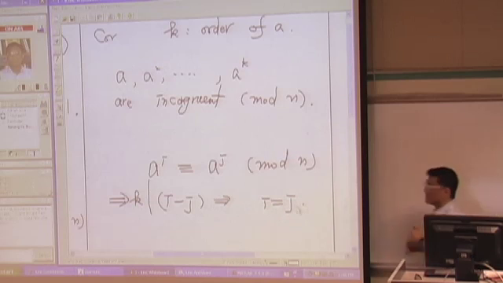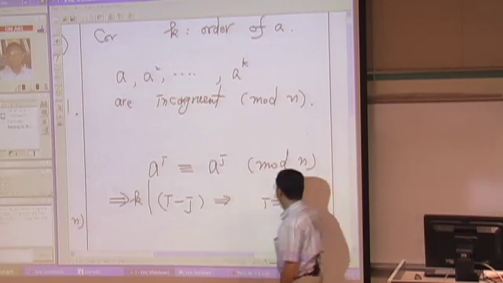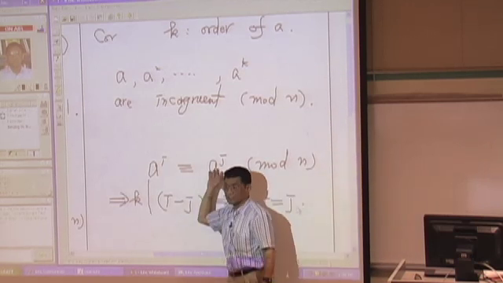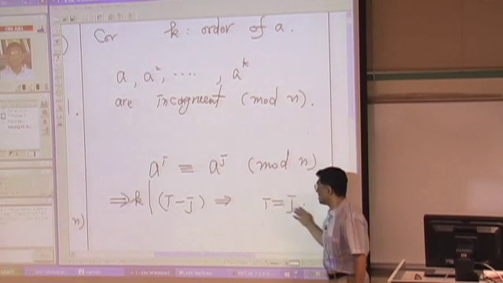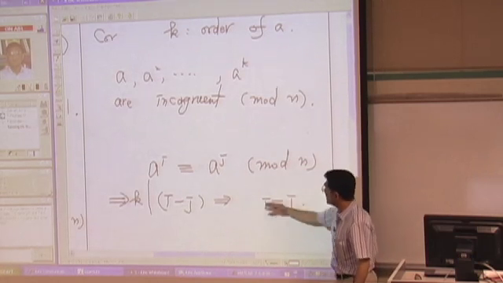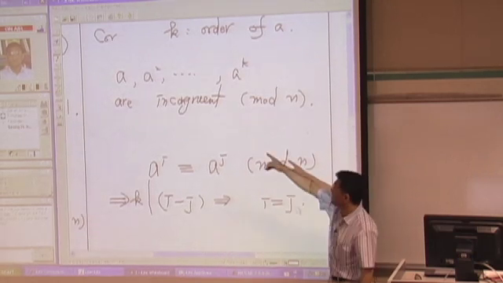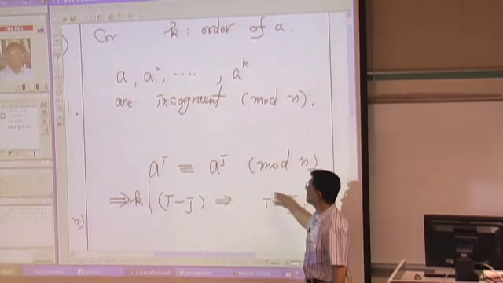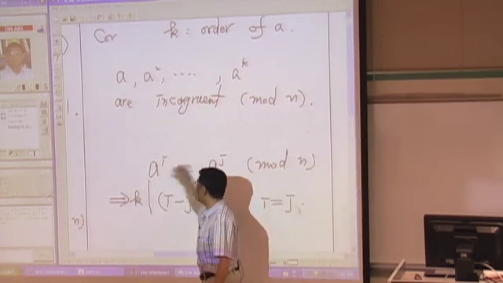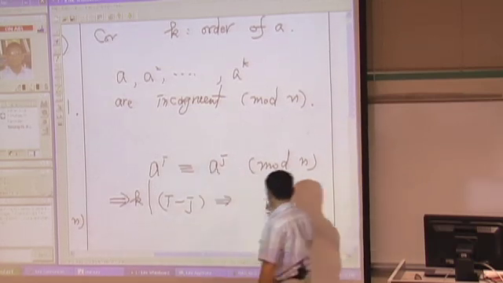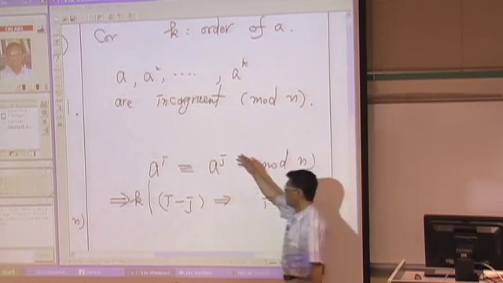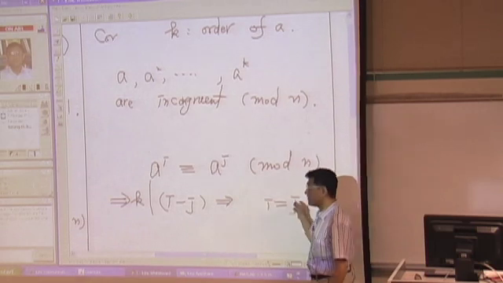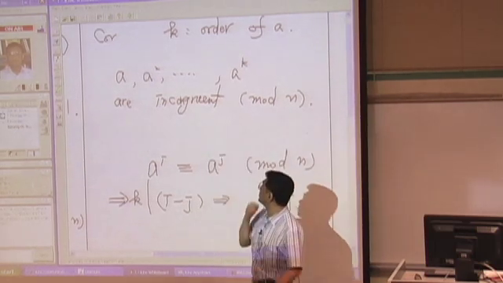In other words, there is no chance that different indices create the same congruence. If you have different powers, then these cannot be congruent, because if they are congruent, then the powers are the same. So we complete the proof.